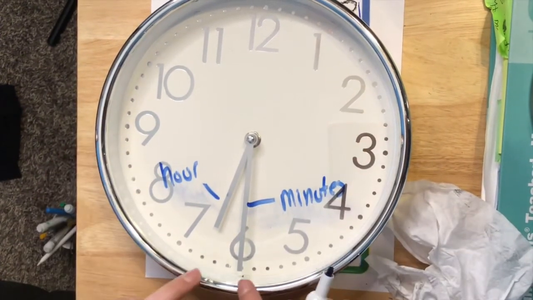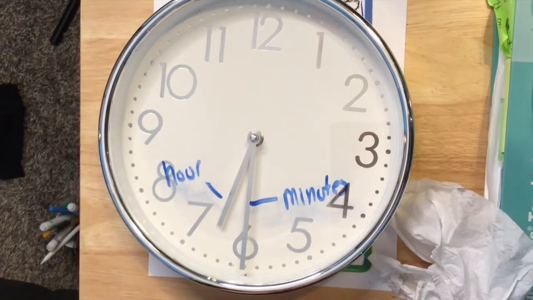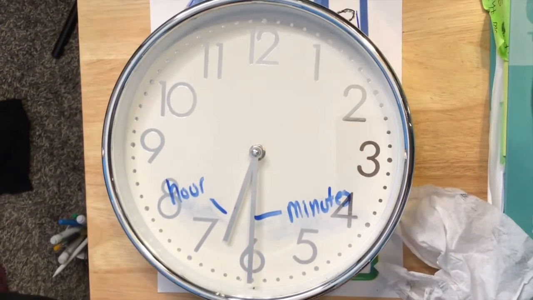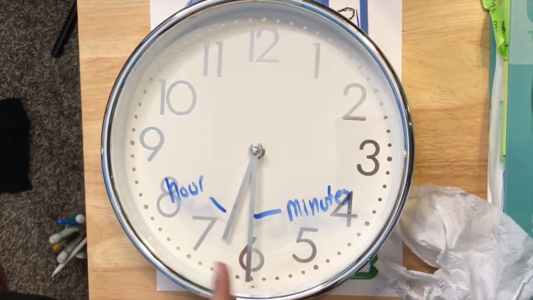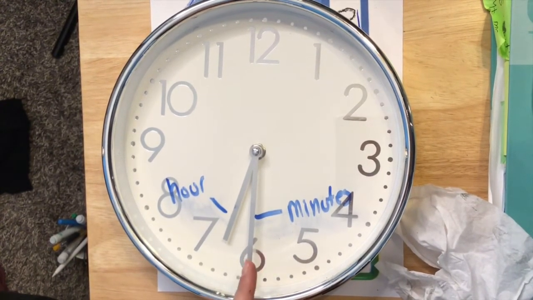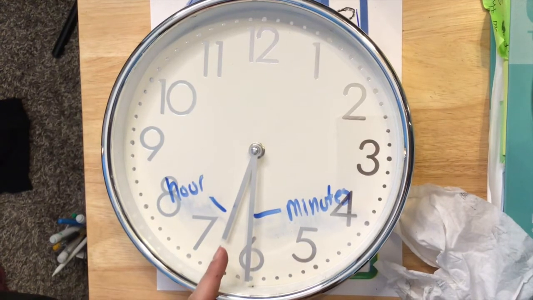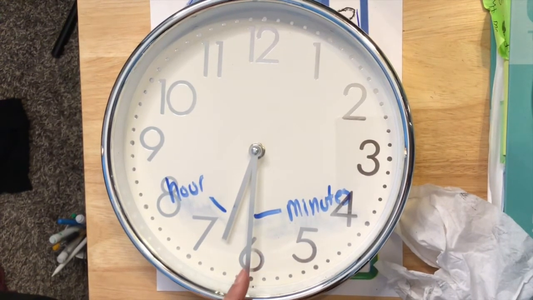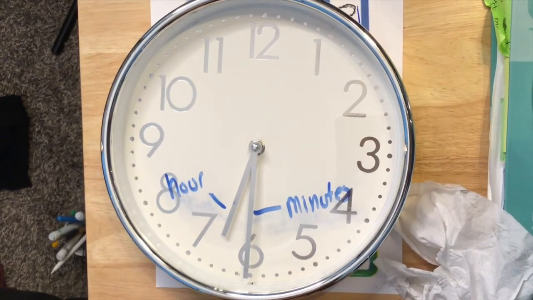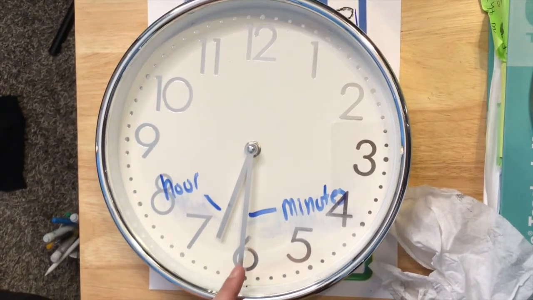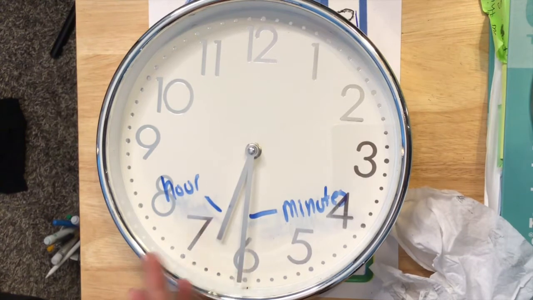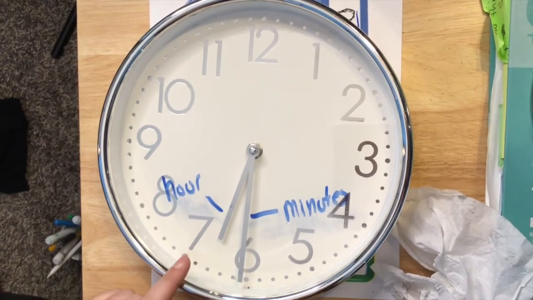So here I see that shorthand is in between the 6 and the 7. And this is the way I remember it. If it hasn't passed the 7 yet, it still has to go to the 6. So it's going to go to the number that it has just passed. That's a little bit confusing, I know, but just remember that if it's in between two numbers, it's going to go to the one that it has just passed, not the one it's going to pass.